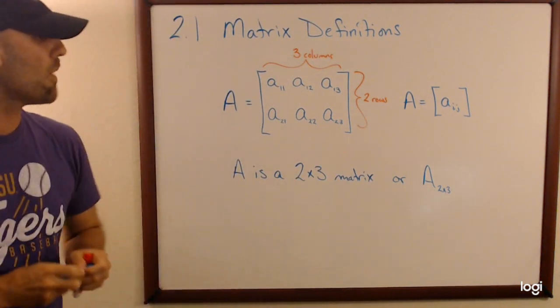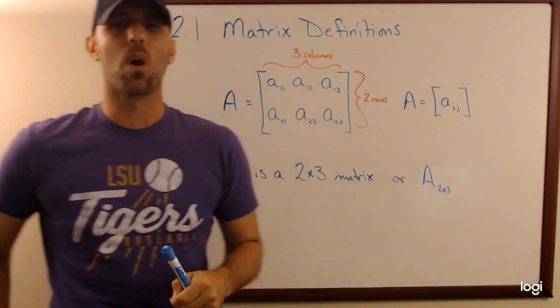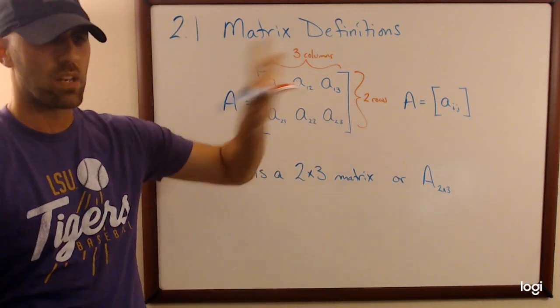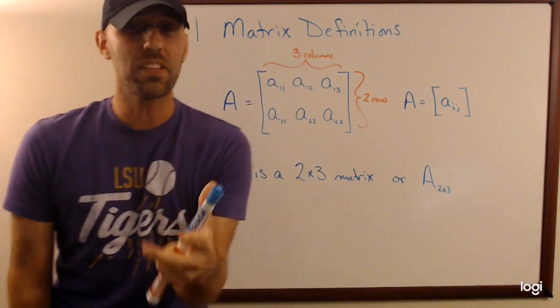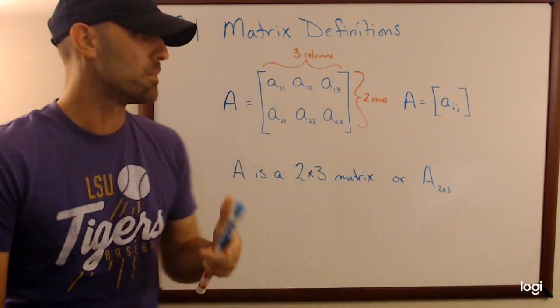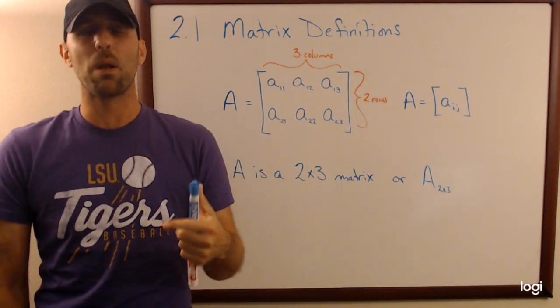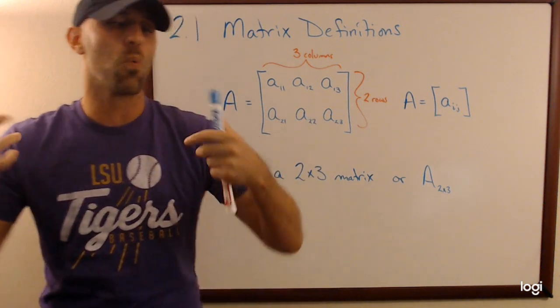All matrices are going to be rectangular, right? We're always going to fill it out. You're never going to have some random elements missing. They'll all be rectangular, but in the very nice case where the number of rows happens to be the same as the number of columns, I'm pretty sure you can anticipate what we're going to call those. If the number of rows and columns are the same, we call those square matrices.